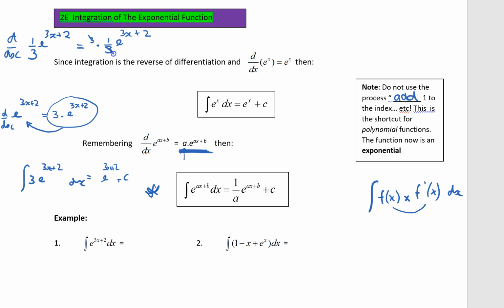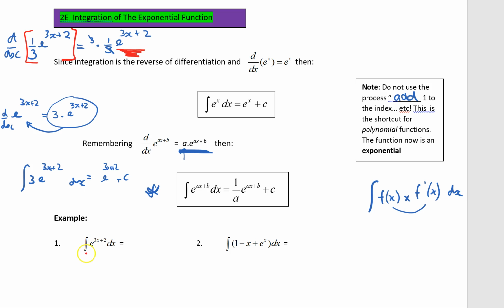Those 3's cancel out, and the derivative of this function is what you had to have in order to get e to the 3x plus 2 as your answer.